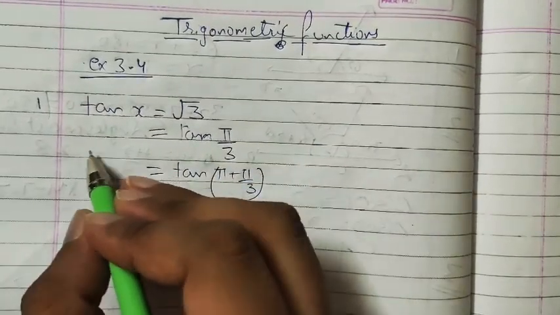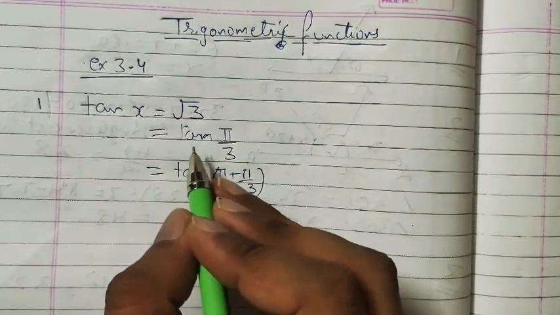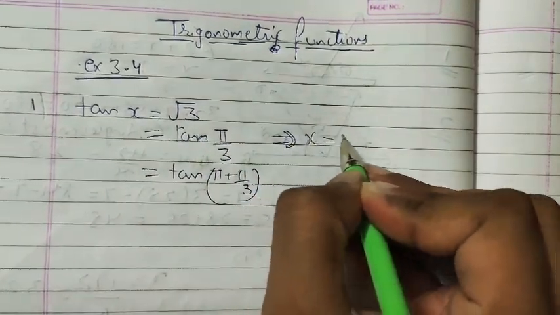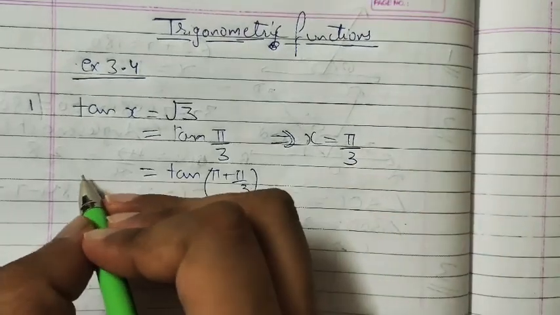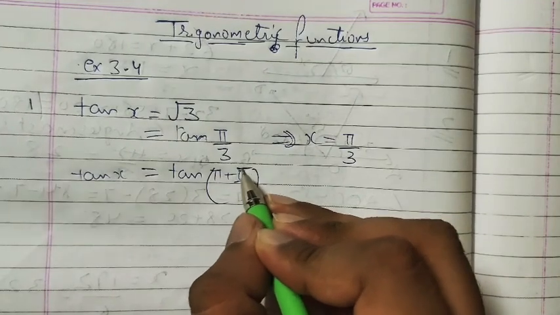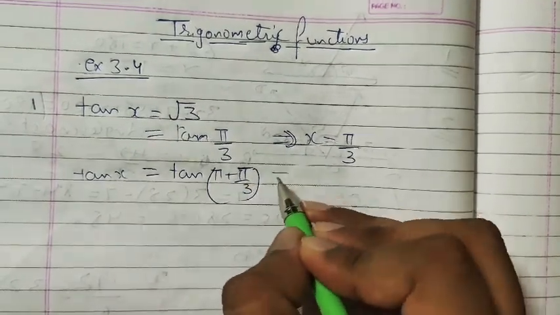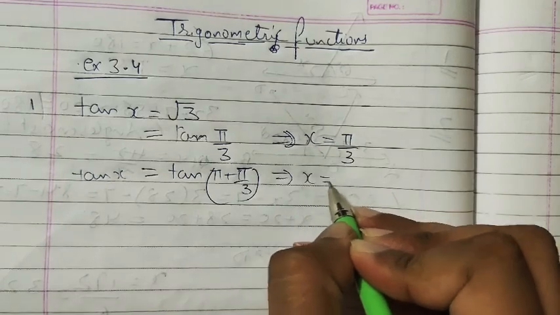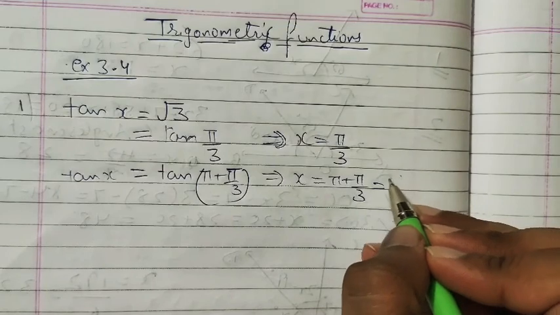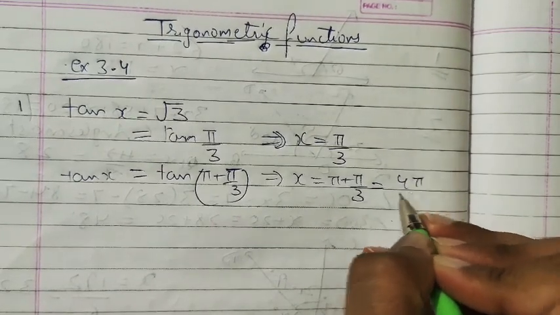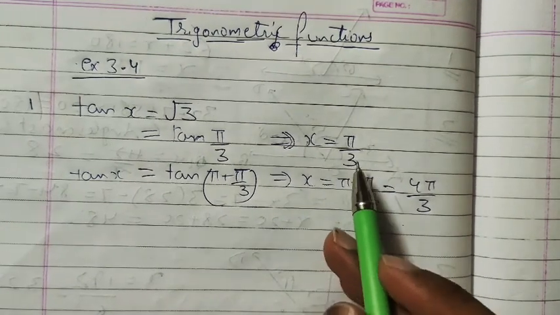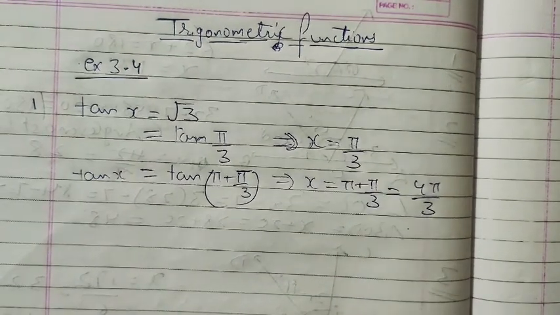So if we take these two, tan x is equal to tan pi by 3, so x is equal to pi by 3, right? Or tan x can also be equal to tan pi plus pi by 3 because in third quadrant also tan is positive. So this implies x is equal to pi plus pi by 3, which is equal to 3 pi plus pi by 3, 4 pi by 3, right? So x is equal to 4 pi by 3 or x is equal to pi by 3, right?